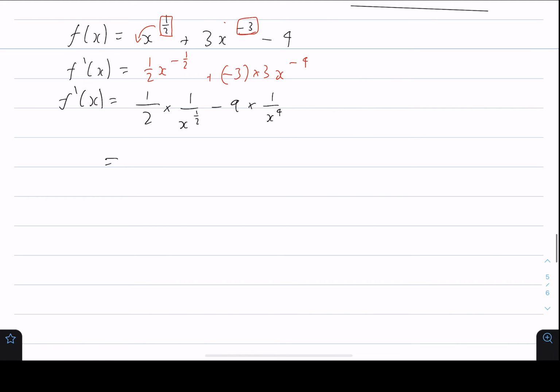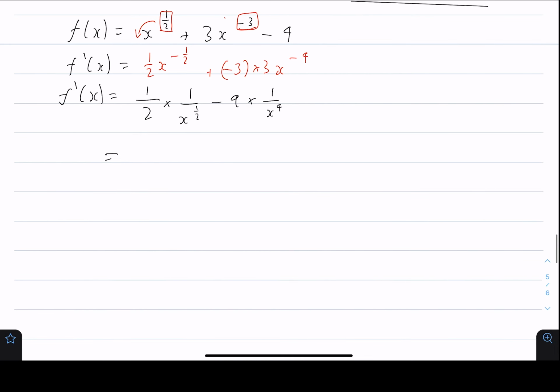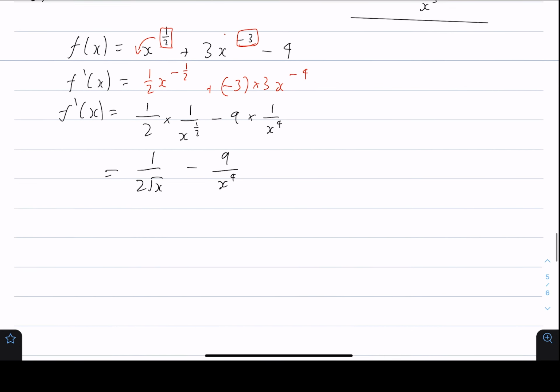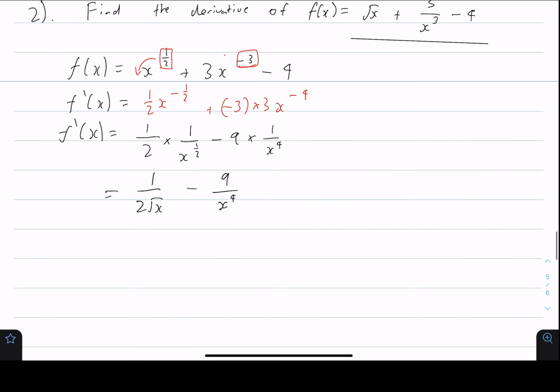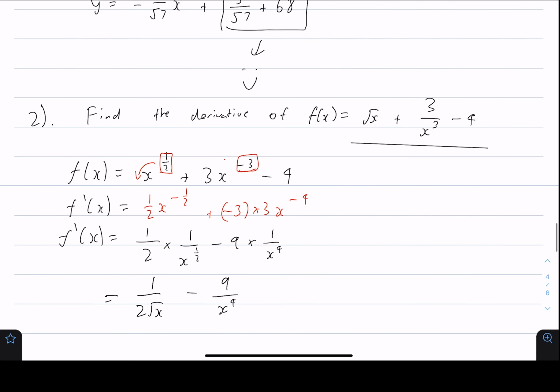We'll simplify that once again. And changing the x to the power of half back to root form, we get 1 over 2 root x minus 9 over x power of 4. So that's our derivative. It's pretty simple. It's just recognizing that the power rule also applies to fractional indices. You just have to get it in that form so that you can apply the power rule.